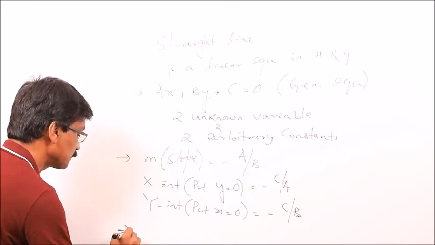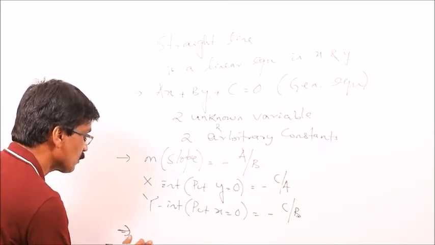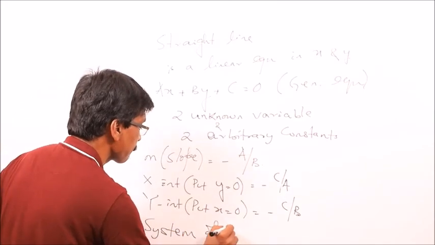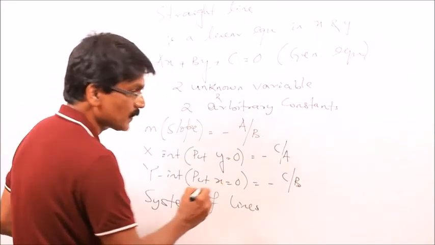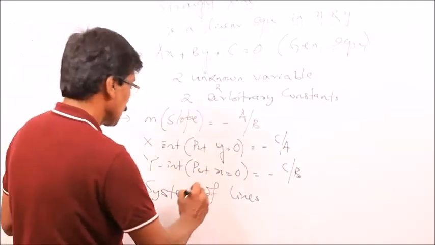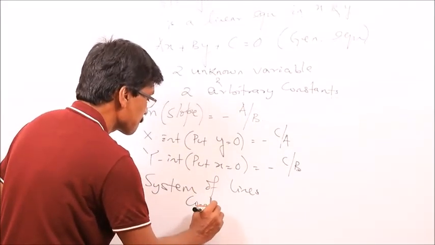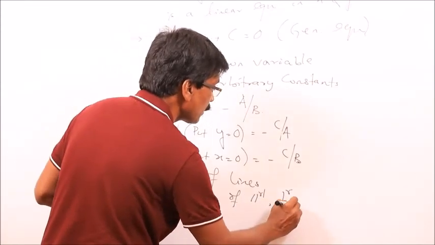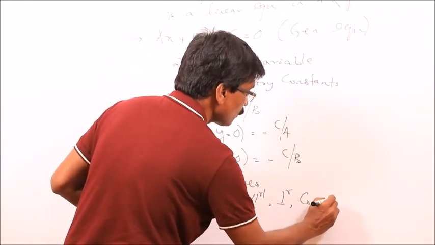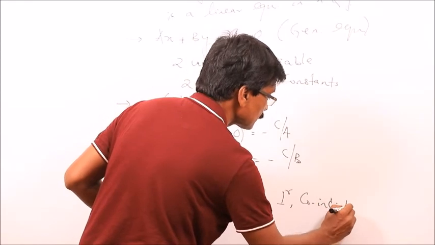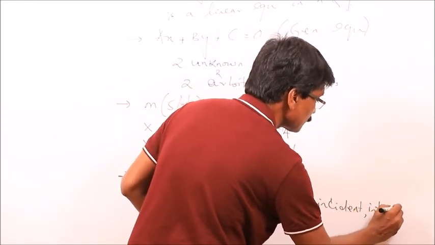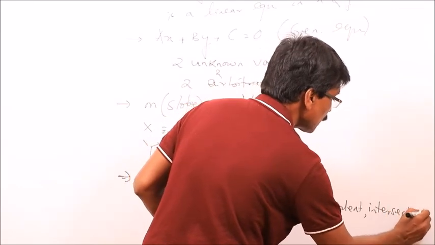Then we have system of lines, that is the conditions of parallel, perpendicular, coincident, intersecting and concurrent lines.